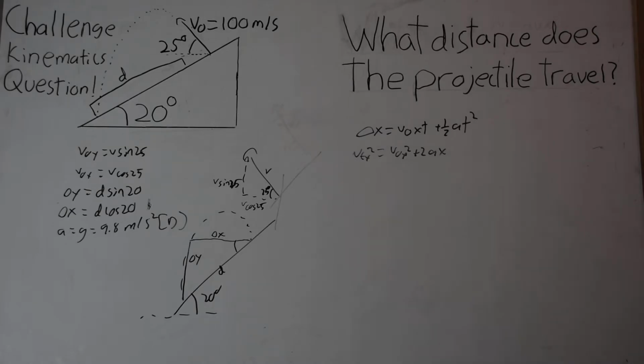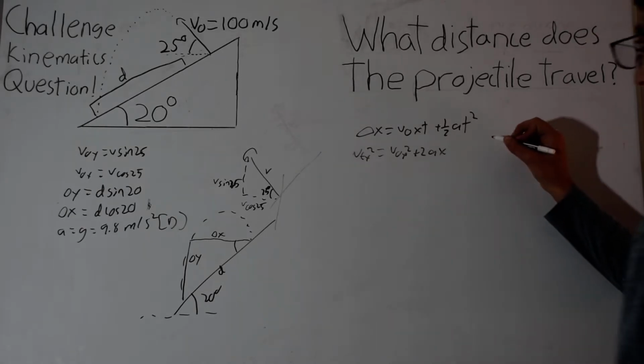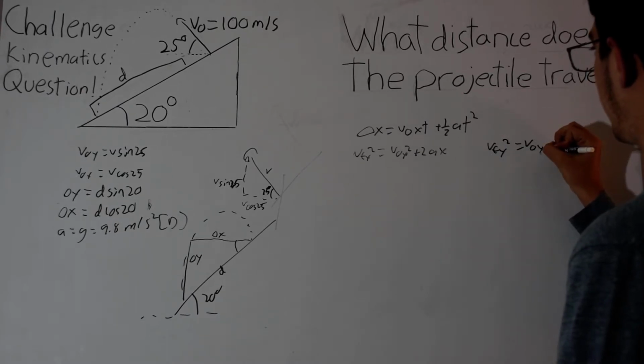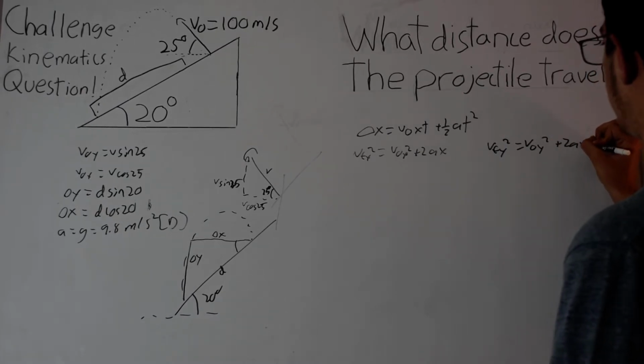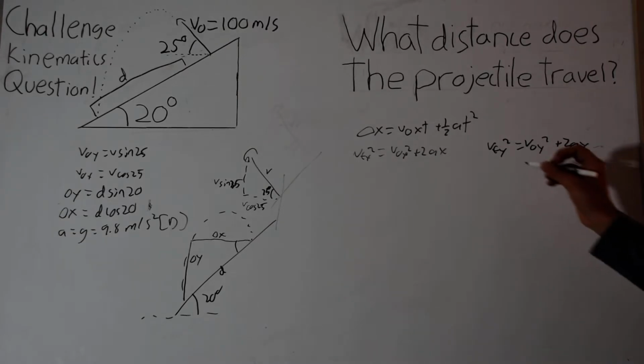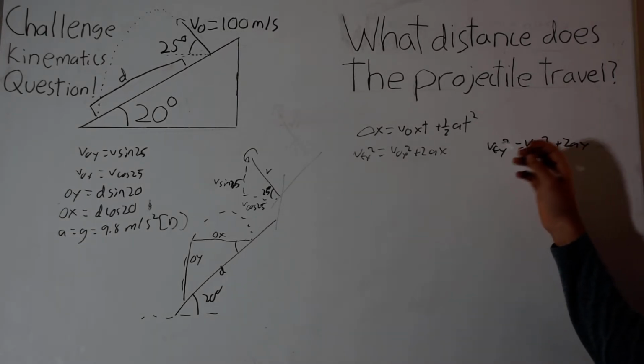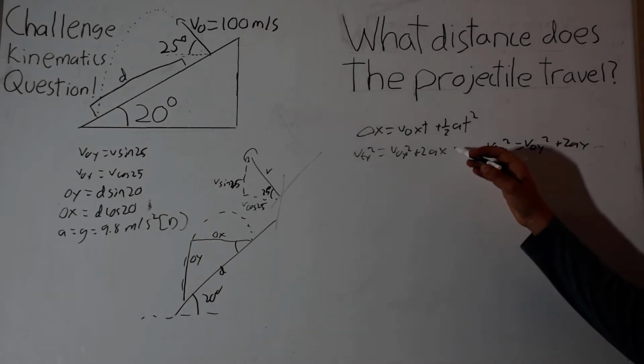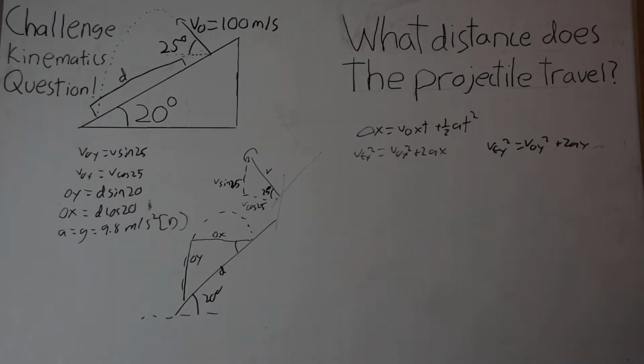And when I go to use this equation's twin, this v final y squared equals v0y squared plus 2ay, I have this other variable, v final in the vertical direction. So I'm going to have our distance variable, but also two other variables. And that's going to be three variables in two equations, and that's not solvable.